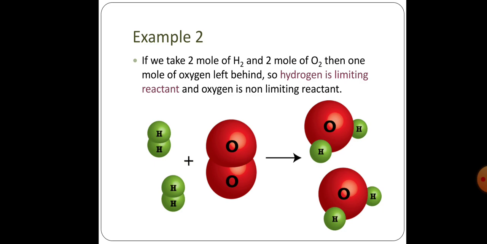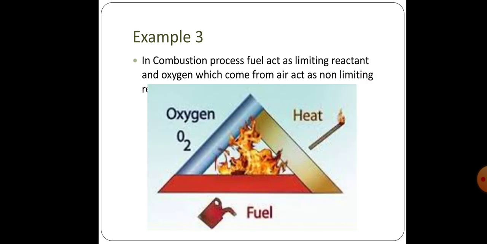In the same way, we know that the combustion process requires three things: fuel, oxygen and heat. Heat is provided by initial sparking. After that, we require two things: oxygen and fuel.